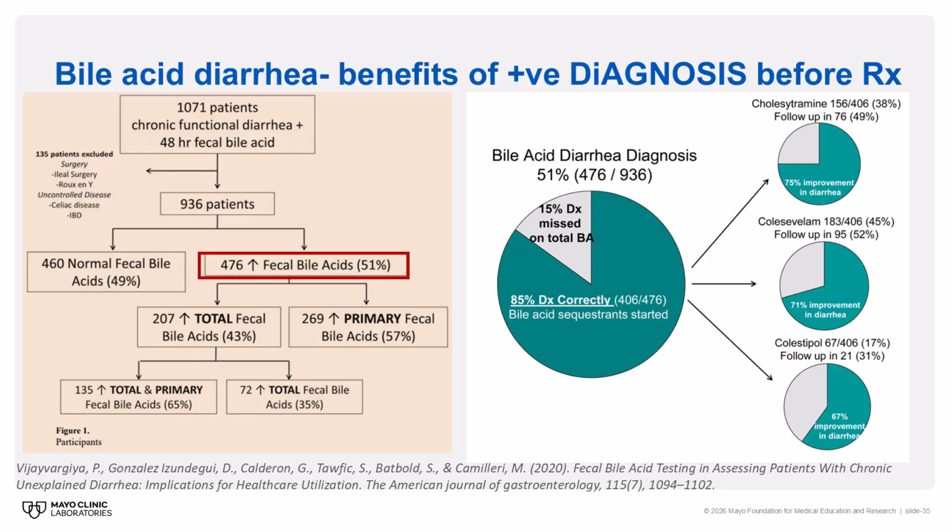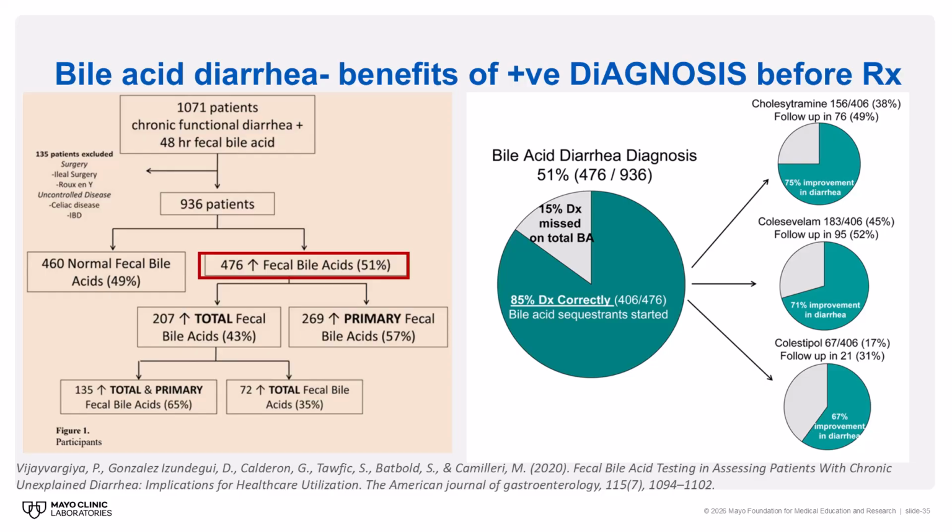About 50% of those patients with unexplained diarrhea had elevated fecal bile acid excretion, usually because of the elevation of the total fecal bile acids or because of elevation of just the primary fecal bile acids. As Dr. Donato mentioned, if you have more than 10% of the bile acids in the stool being cholic acid or chenodeoxycholic acid, that constitutes a good diagnostic test for bile acid diarrhea.